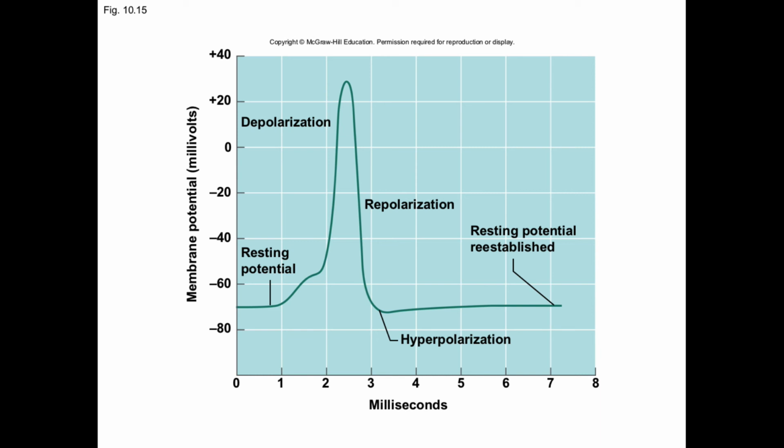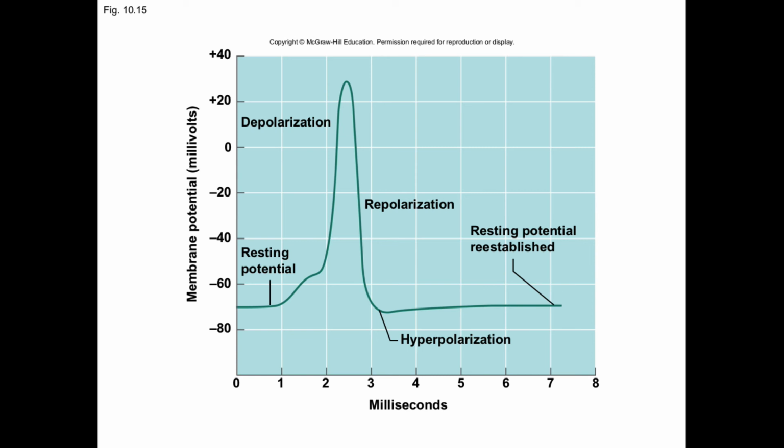Now you know what depolarization is. Let's move on to hyperpolarization. Hyperpolarization is an increase in membrane potential. In this way, the intracellular side of the membrane becomes more negative, meaning going further from zero than the resting potential.